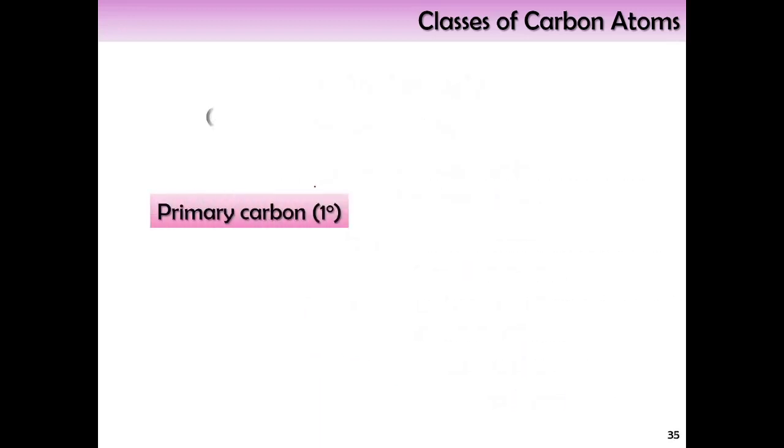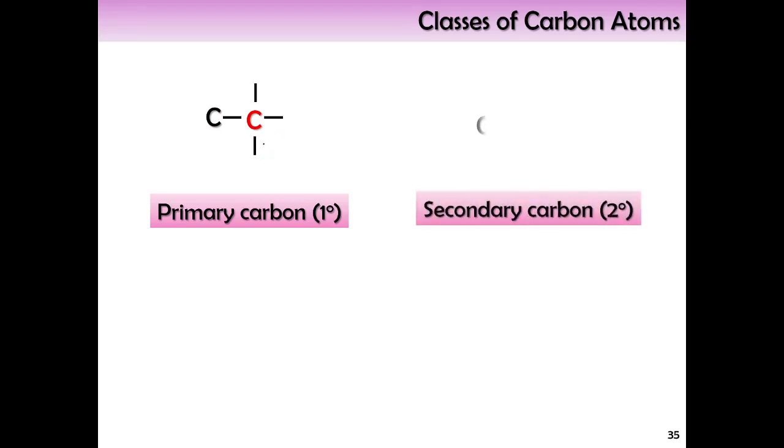Okay, primary carbon. Primary carbon means that this carbon only attached to one carbon. So we can label it primary carbon. Okay, secondary carbon. Secondary carbon means that the carbon here is attached to two more carbon.